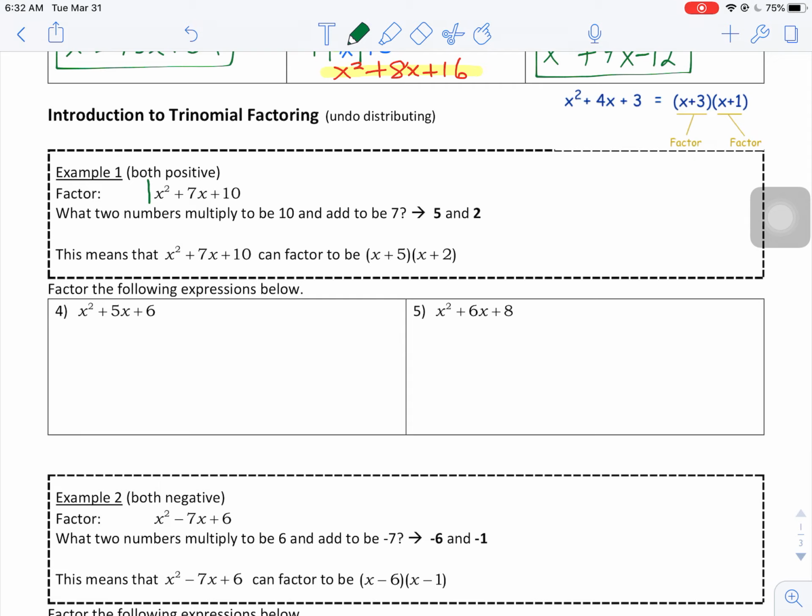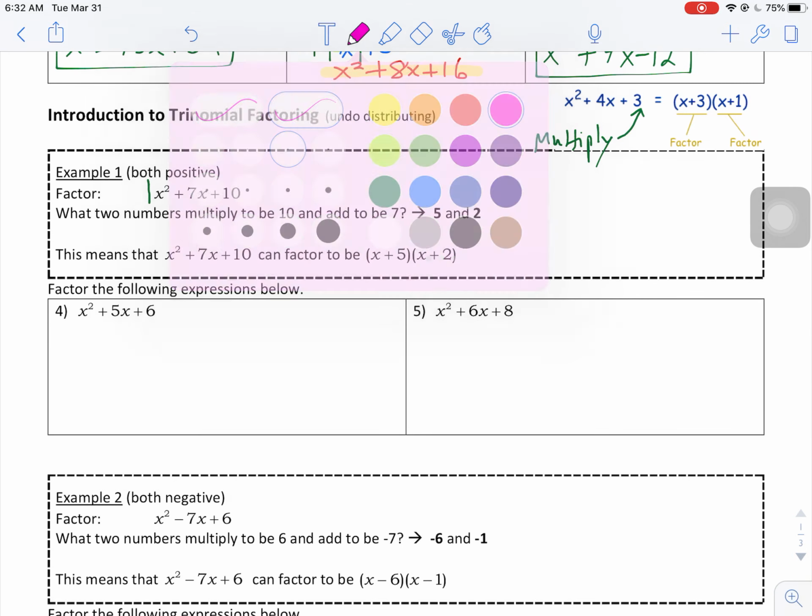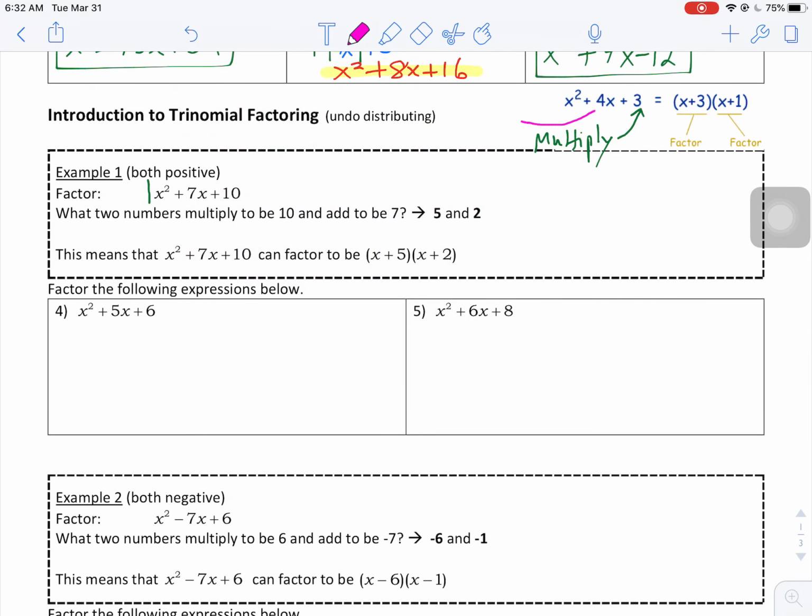The basic gist of trinomial factoring is that you're trying to find two numbers that multiply to the constant in the back. So you want to multiply to 3 in this example off to the right. And then you want to add to the number in the middle right in front of the x.